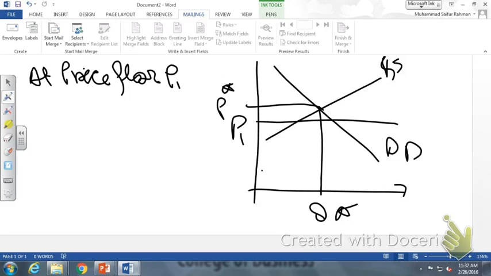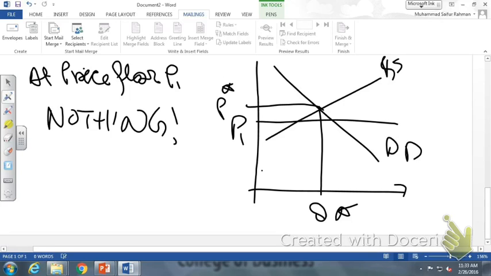Let's say the price floor is now set at P1, which is less than market equilibrium price. What is the effect of this price floor? Again, there is no effect. Why?